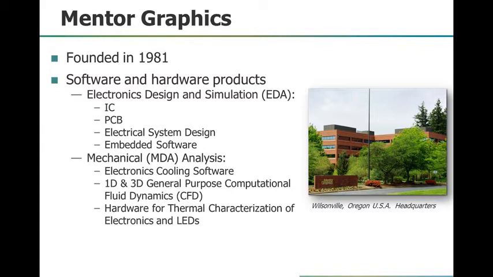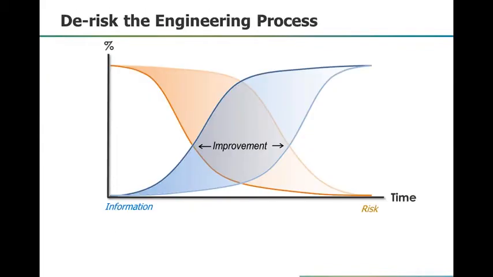So why is simulation important to Flowmaster customers, in particular thermal fluid simulation? Risk is always a concern for companies, but usually as a project progresses, the risks associated with the project tend to decrease. One of the main driving factors behind this is the increase in information that happens during this progression.